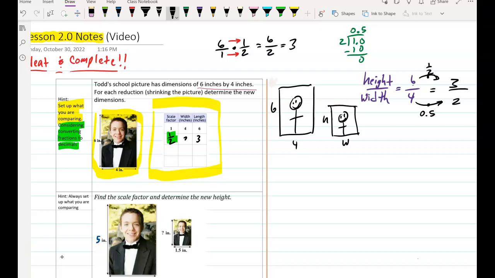So our new dimensions are 2 inches wide and 3 inches high, or long. So remember, when you're trying to decrease or increase the size of a picture, you are multiplying by the scale factor. The scale factor was 1/2, SF.